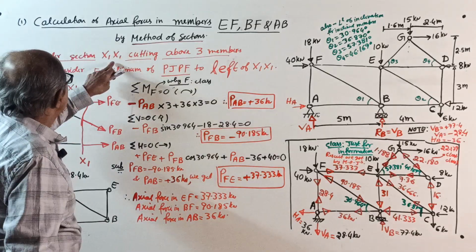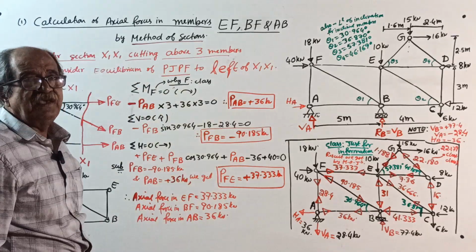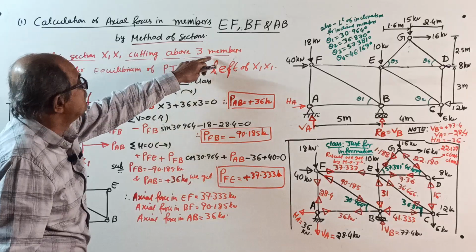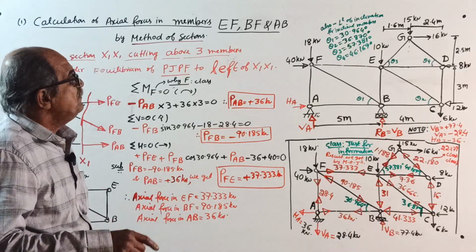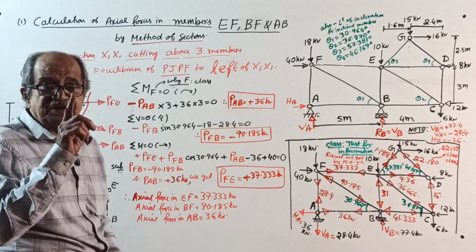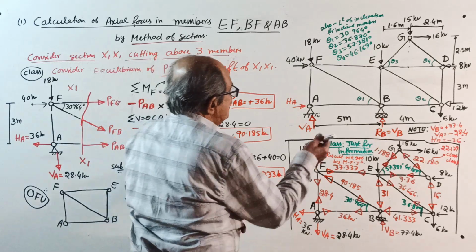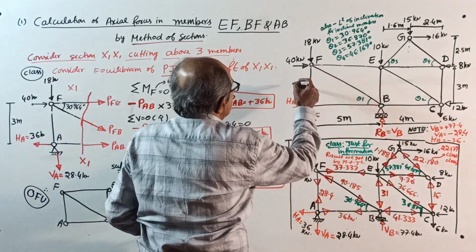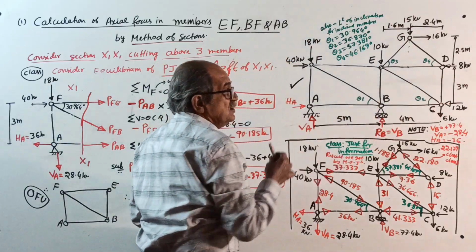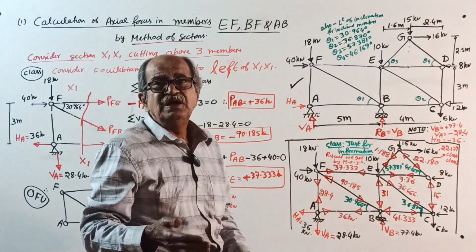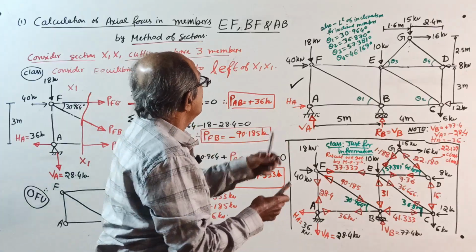Since 3 questions are there, the first question I will call X1, cutting above 3 members. Now, very important: if you want to really understand, write this sketch once again. How much time will it take? So that it is crystal clear.